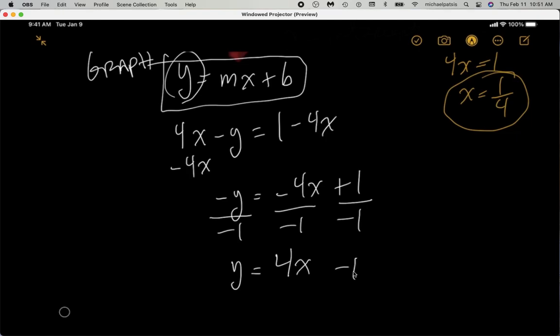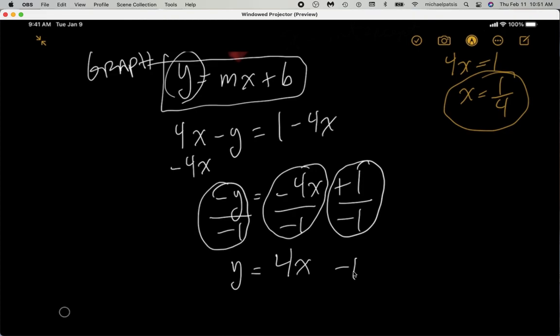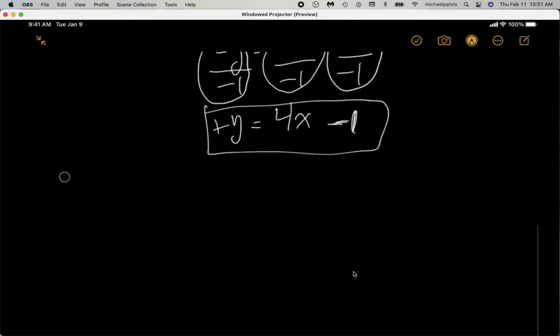Okay, so notice, when I solve for y, I divided all the terms by negative 1. I did the left side to get y to positive y, and I got positive 4x minus 1. This is now in a form that you can graph.